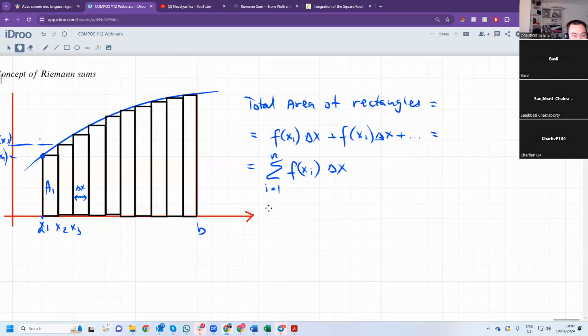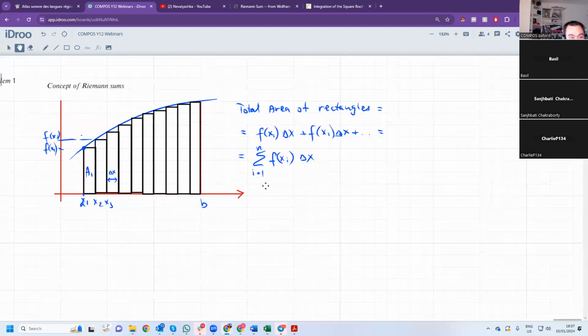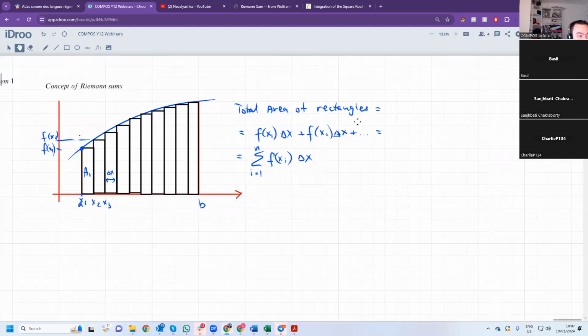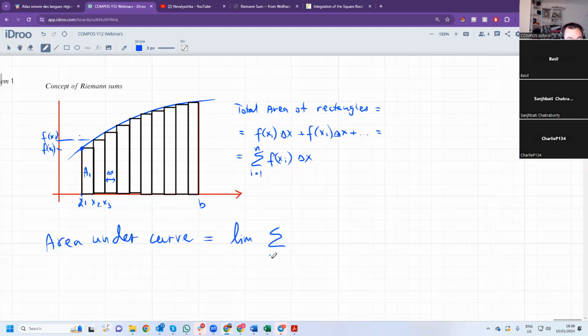The area under the curve, which is not the same as the total area of rectangles, is equal to the limit of the sum of f of xi delta x. I'm not putting n here because n changes as well, as delta x tends to 0.